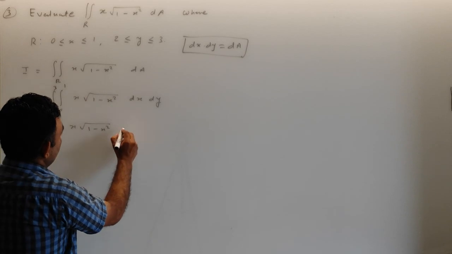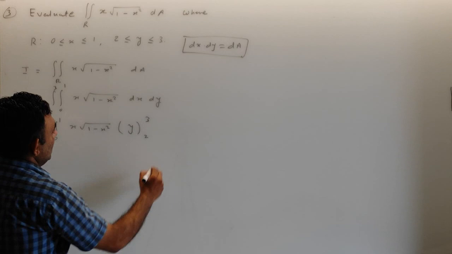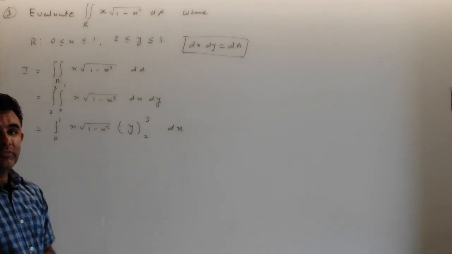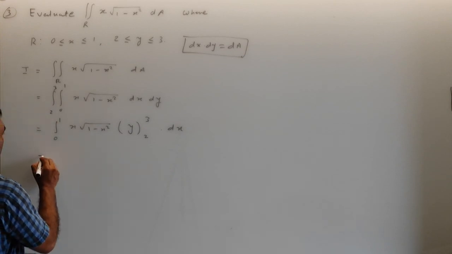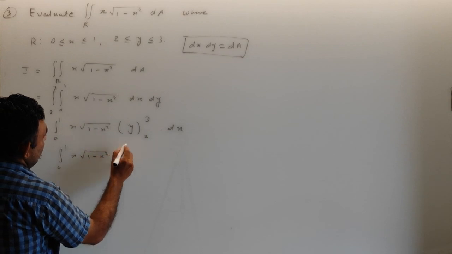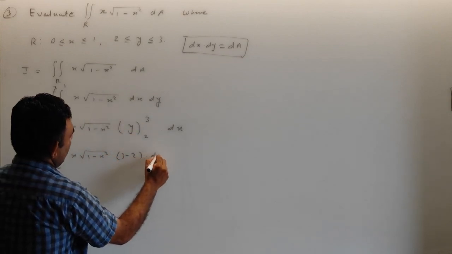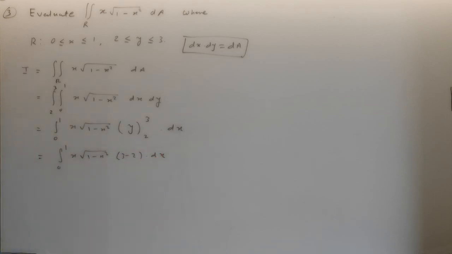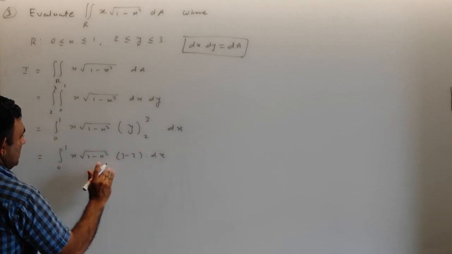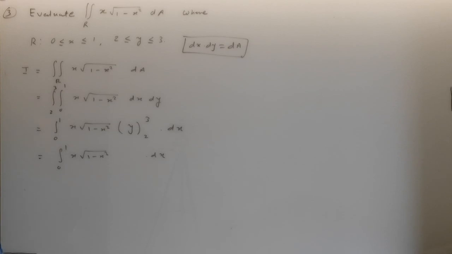The integral of 1 is y, with limits of y from 2 to 3, and we are left with only dx. So first we integrate with respect to y. Now we have the integral from 0 to 1 of x under root 1 minus x square, times 3 minus 2, which is 1, into dx.